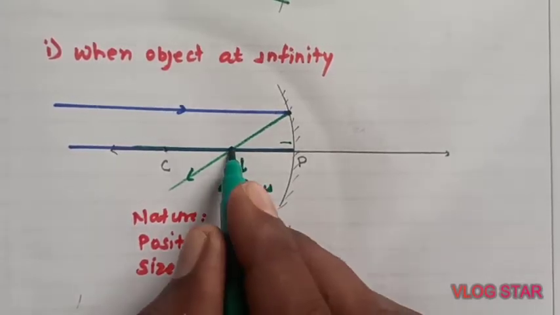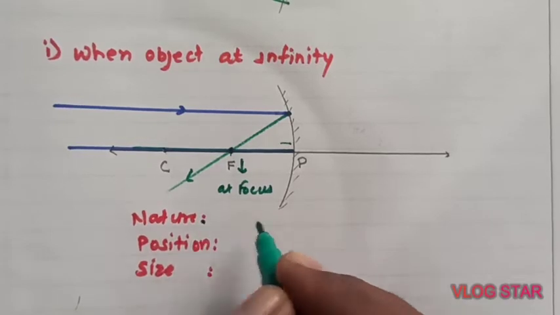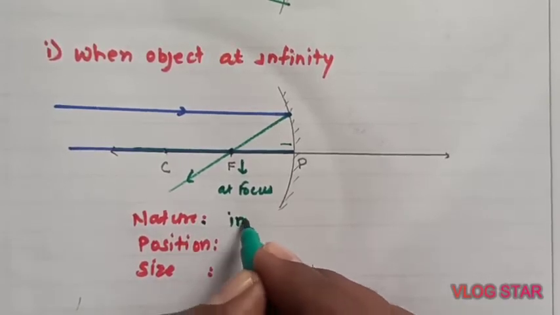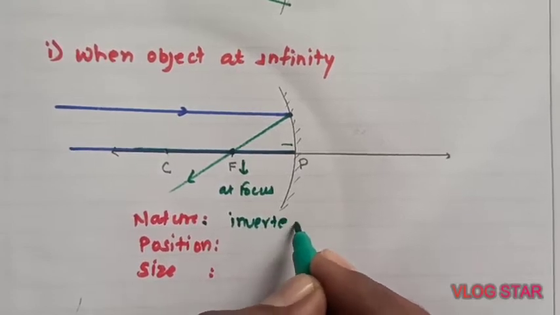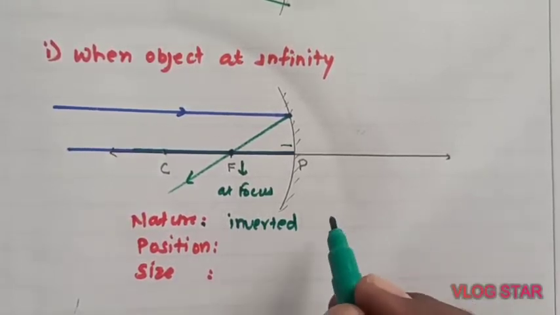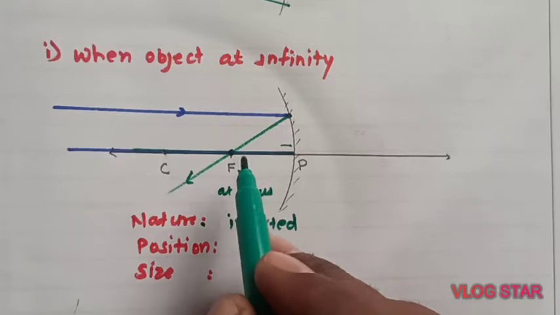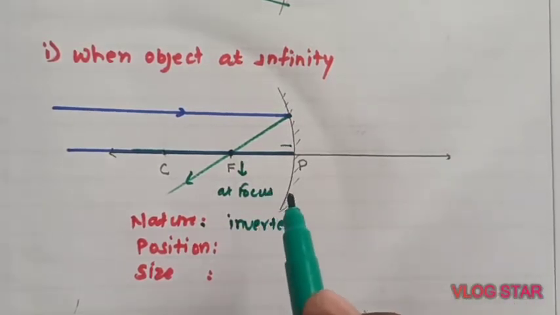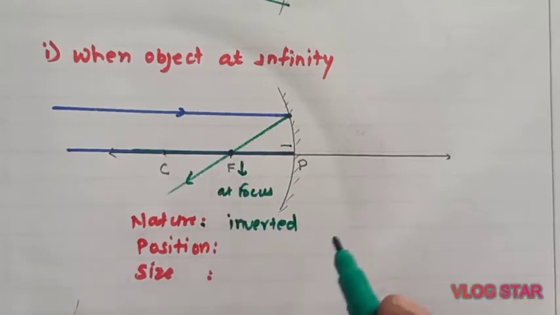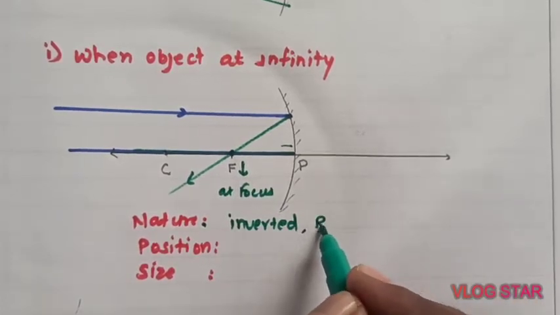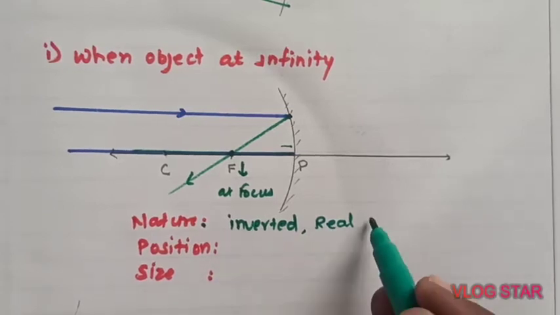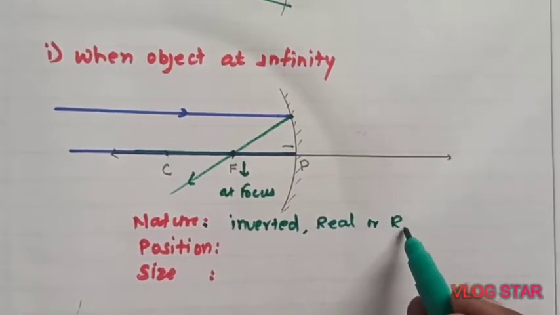So it is on the axis itself. So in a concave mirror, normally the image is inverted. Secondly, whether it is real or virtual. So the image is real.